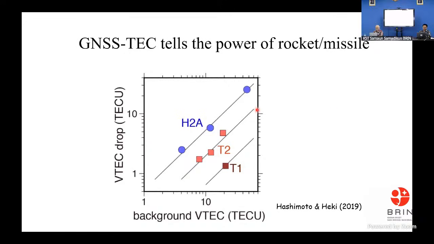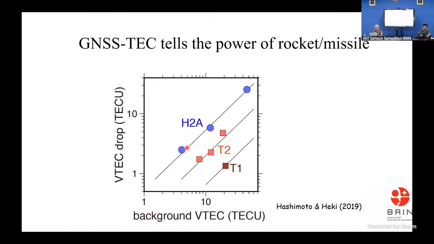So now I gathered many past examples and plotted the drop of vertical total electron content as a function of the original background vertical total electron content. So there is a positive relationship. If there are more electrons, then there are more drops. And the same type of rocket falls on this particular line.